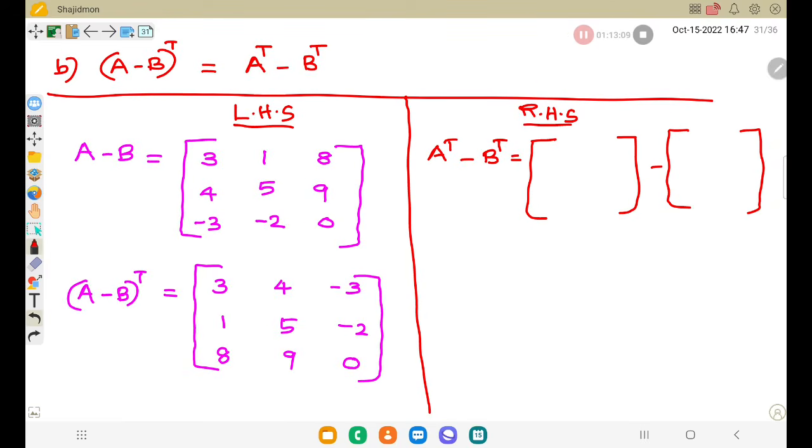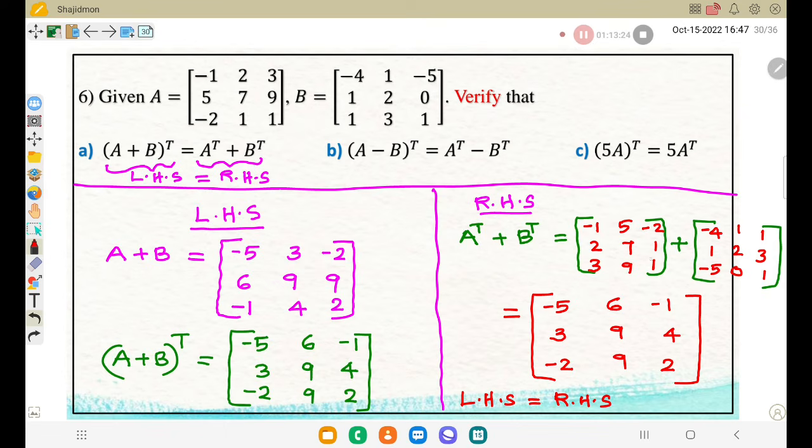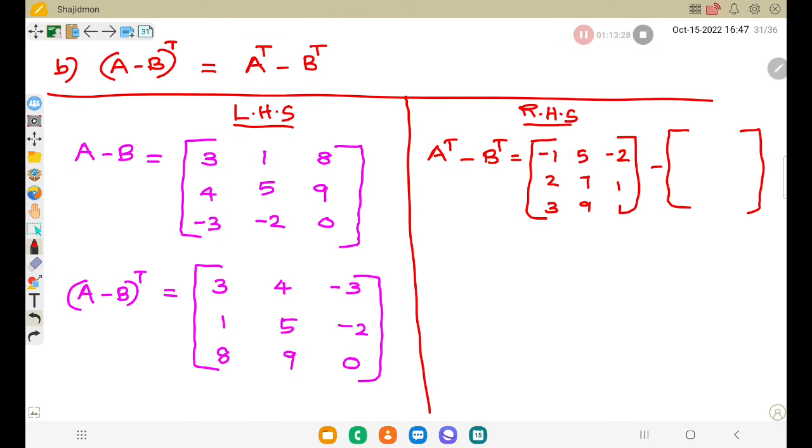First A transpose: minus 1, 2, 3, 5, 7, 9, minus 2, 1, 1. Just as before, we wrote the same one. And B transpose is minus 4, 1, minus 5, 1, 2, 0, 1, 3, 1, correct.